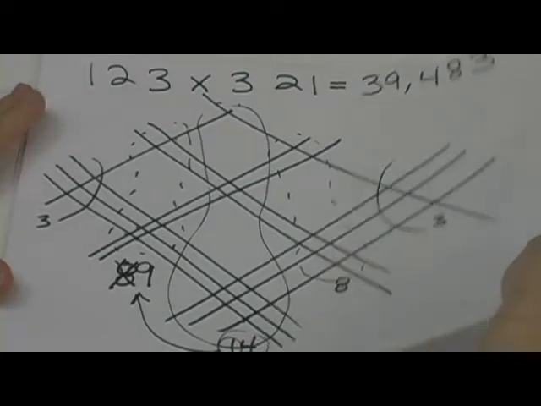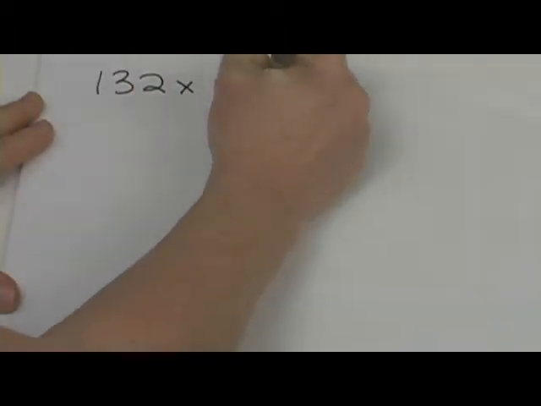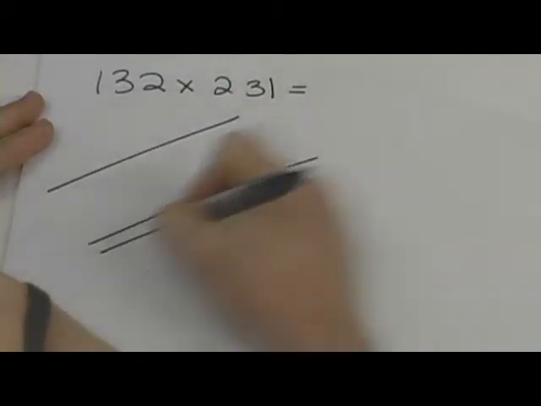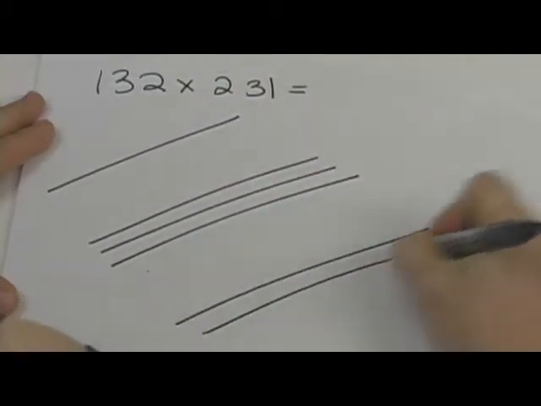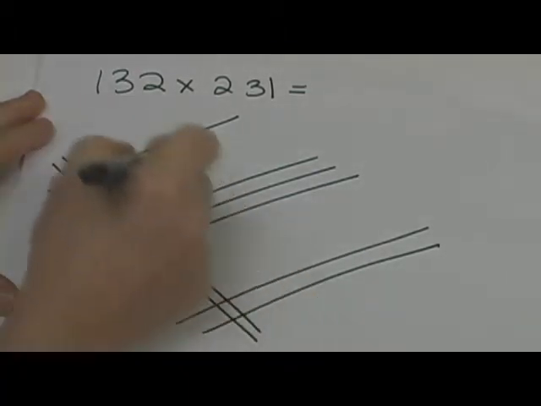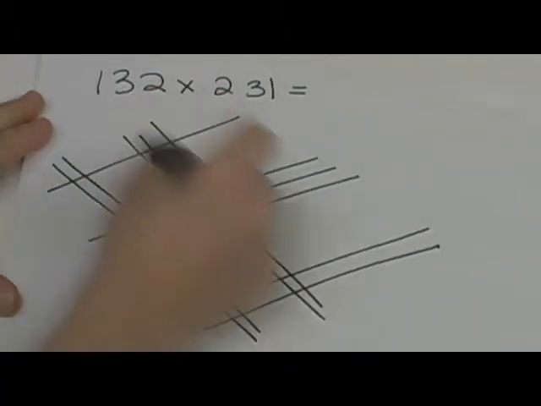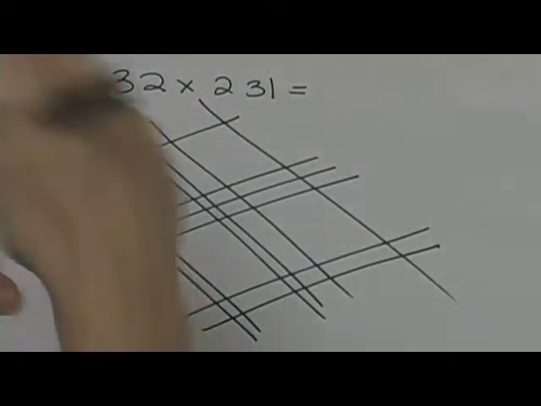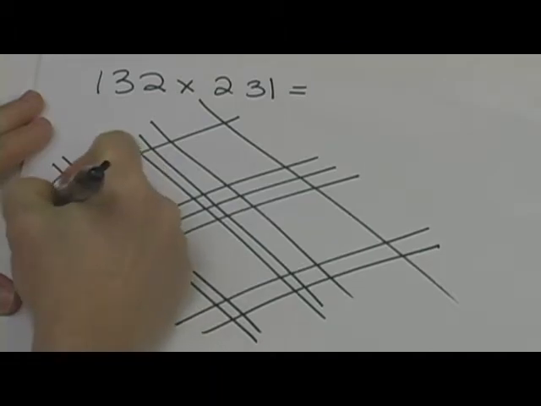All right, let's try another 3-digit number multiplication. How about 132 by 231? 132 by 231. So over here I've got a 2.